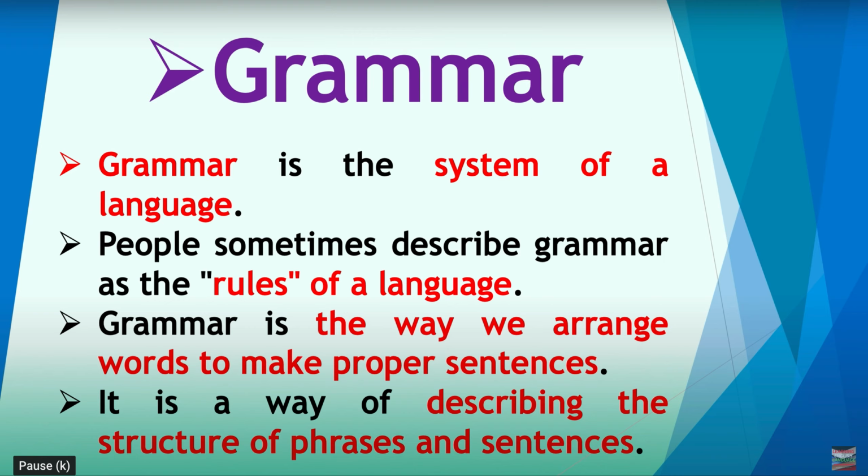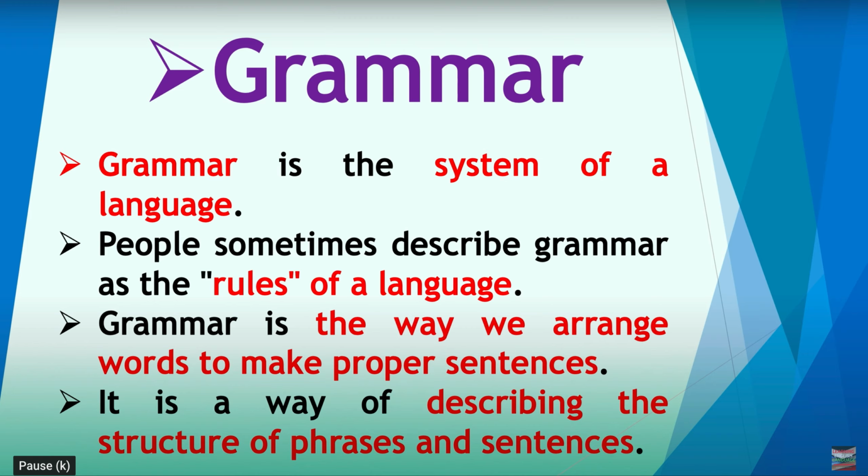When we say system, it is very much related to science, because scientific knowledge has system, has certain patterns, can be proved, can be verified. So grammar is the system of a language.